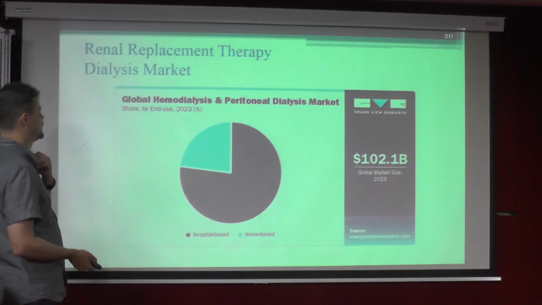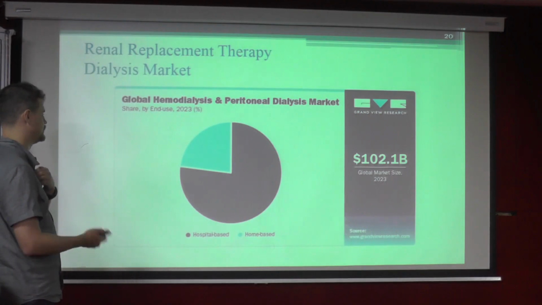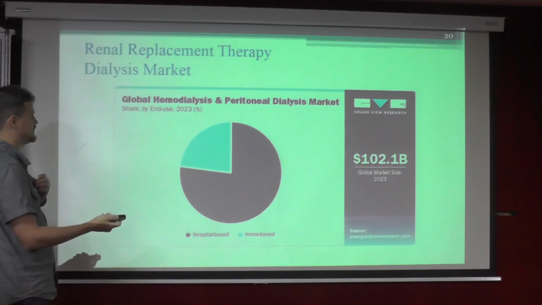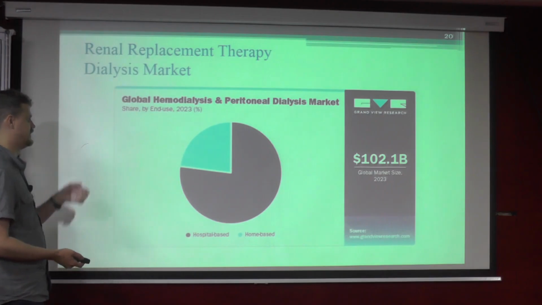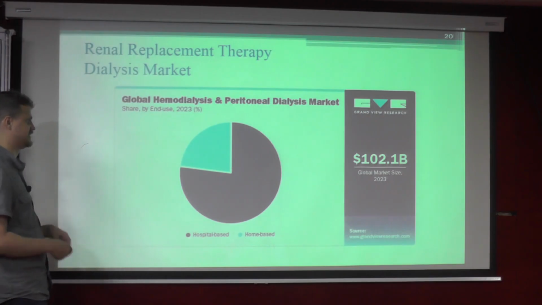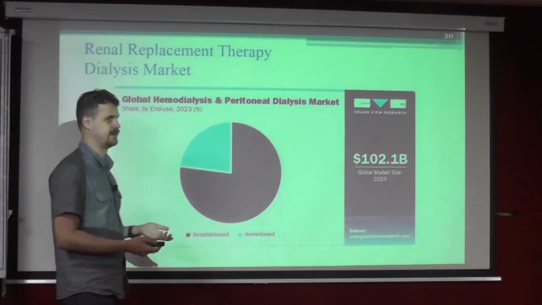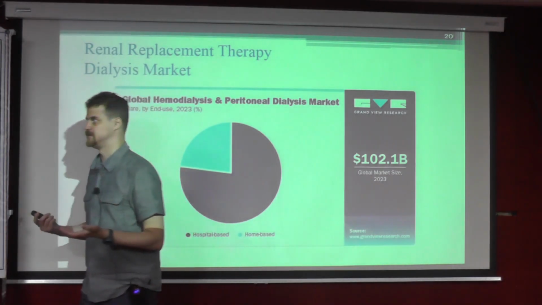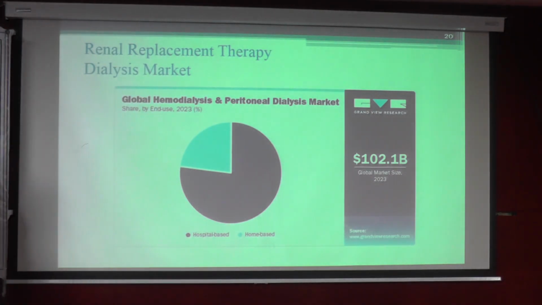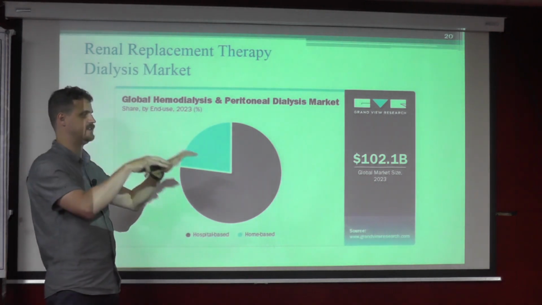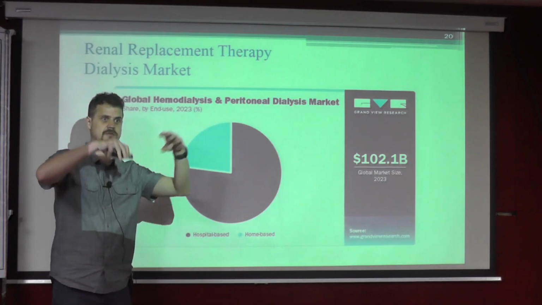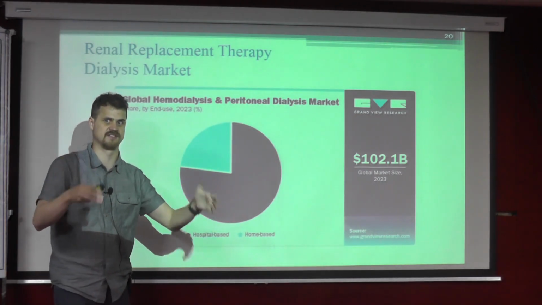And this is basically the distribution between hospital-based hemodialysis and peritoneal dialysis and home-based dialysis. Right now, one of the most prominent trends in renal replacement therapy development is an attempt to create the conditions where patients will be able to perform this dialysis at home.